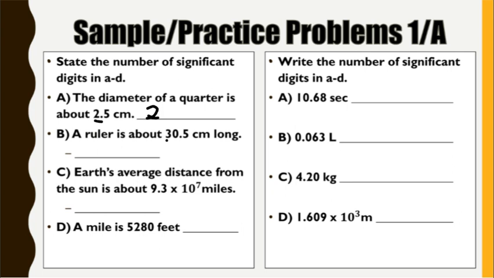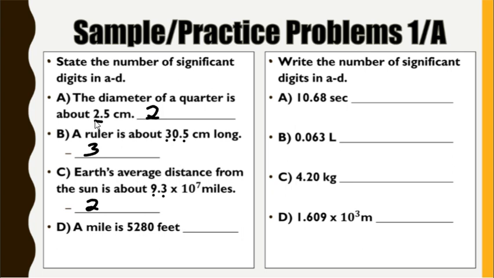So we got 1, 2, 3. So 3 significant digits. Letter C, the Earth's average distance from the sun is about 9.3 times 10 to the 7th. I have 2 digits here, so this would make that 2 significant digits.